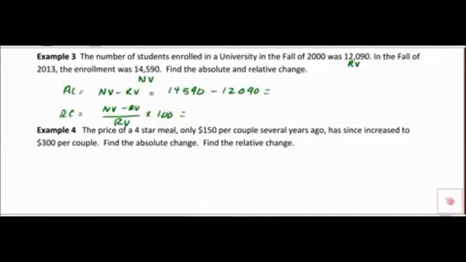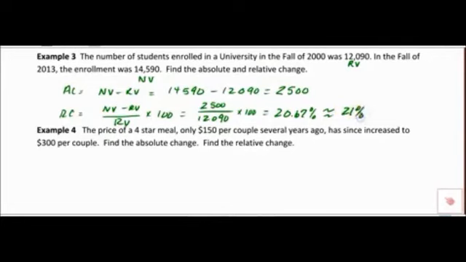So the absolute change comes up to be 2,500, and the relative change ends up being 2,500 divided by 12,090, and we multiply that by 100 to get us a percentage, and it comes up to be 20.67%, and maybe we could just round that to 21%.